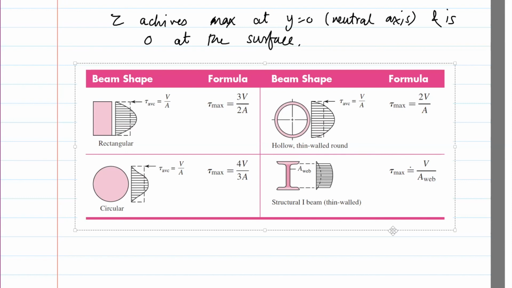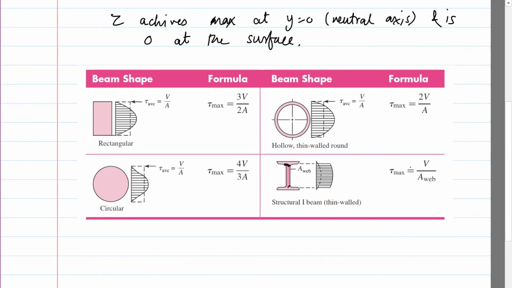Okay, it's kind of interesting for the I-beam. You can see it's almost maximum sort of till here. At all this, you have almost similar stress, and then it just goes to 0 at the edges.